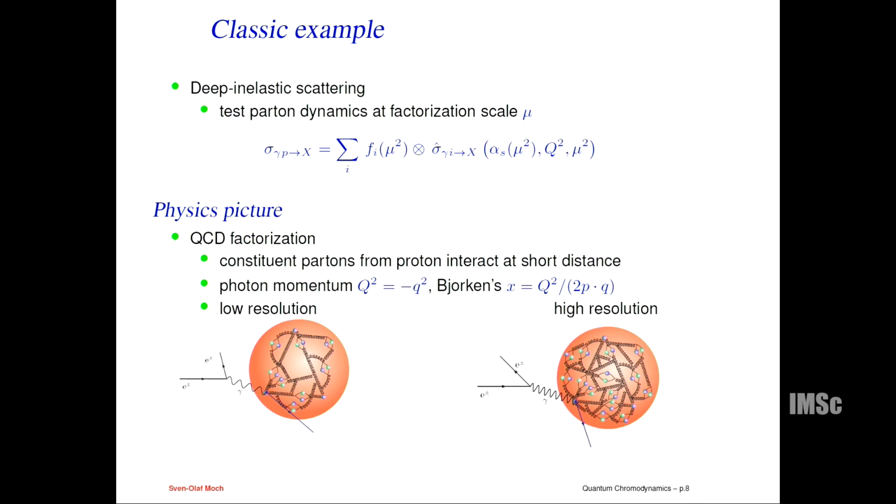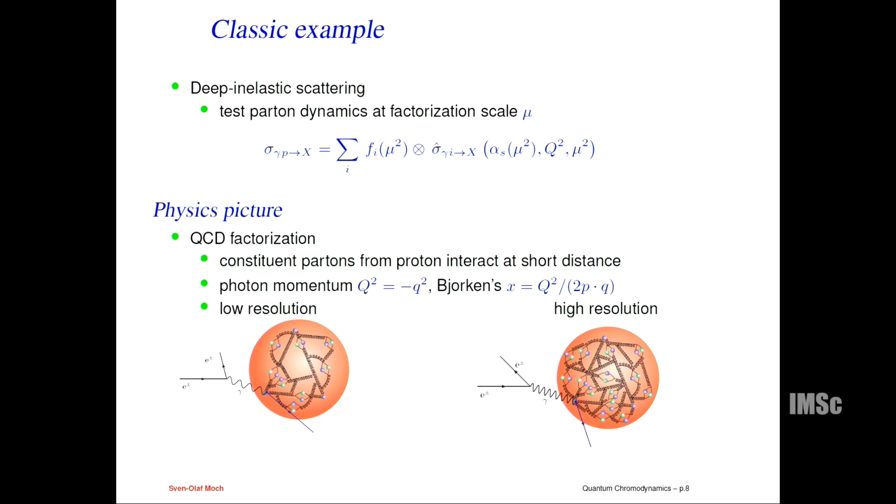The photon is resolving the proton at a certain wavelength. If this photon has low momentum, that means it will have a long wavelength. It will resolve the proton at a larger scale, so maybe it'll see a few quarks.